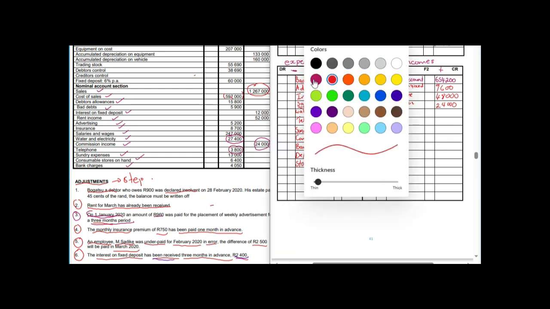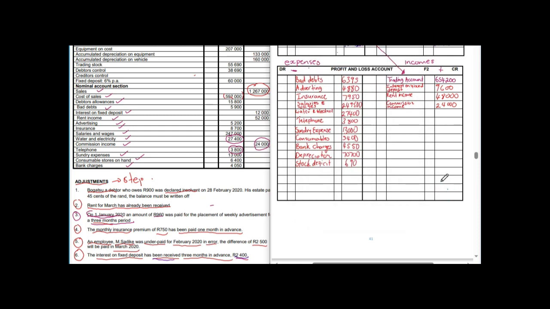Our credit side will be bigger by 735,800. What you did on your right must also be made on your left.